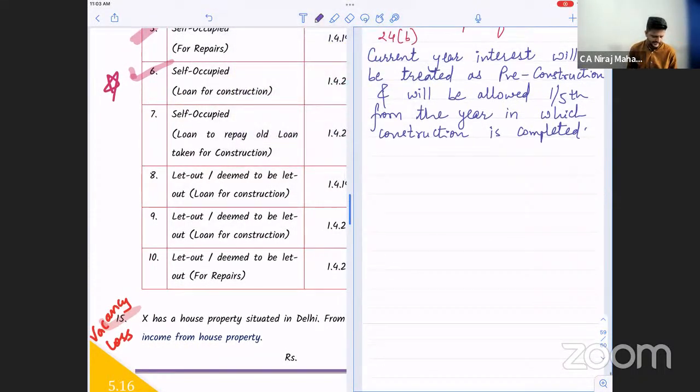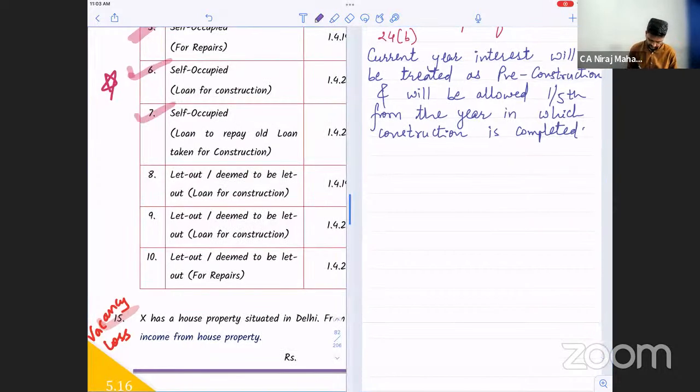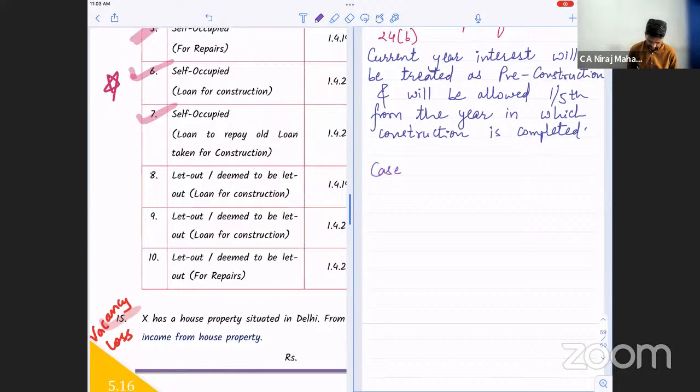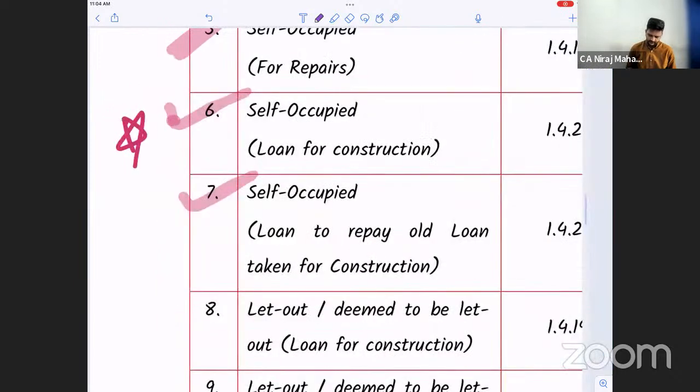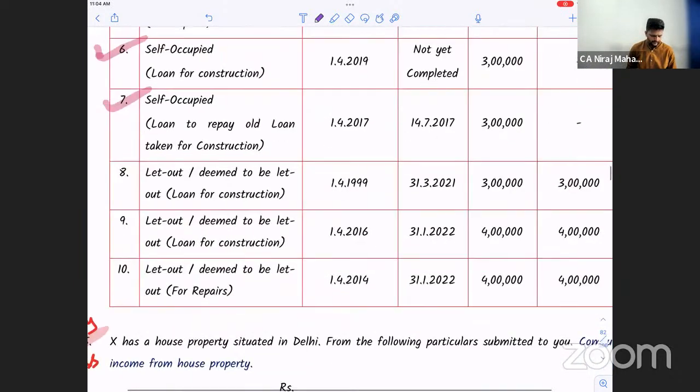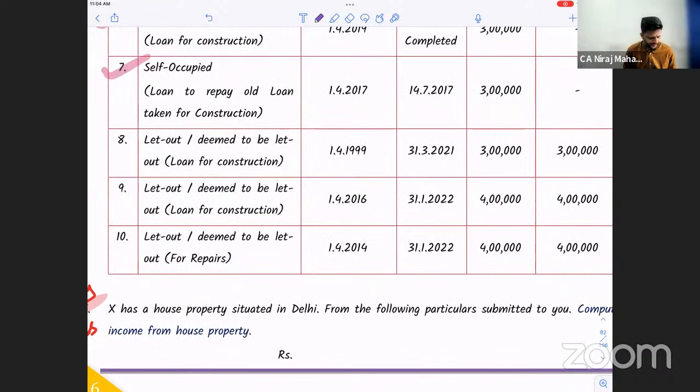So, case 7. Ready, everybody? Self-occupied, loan taken to repay old loan taken for construction. So you have to look into that also. That old loan was taken for what purpose?